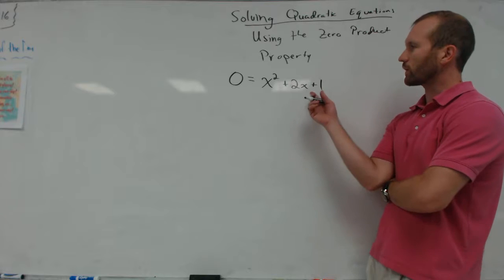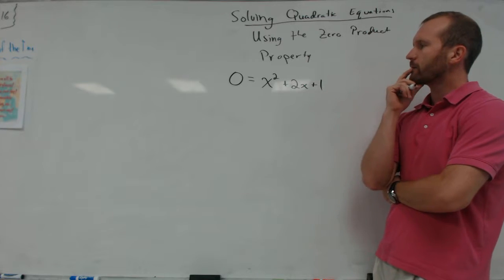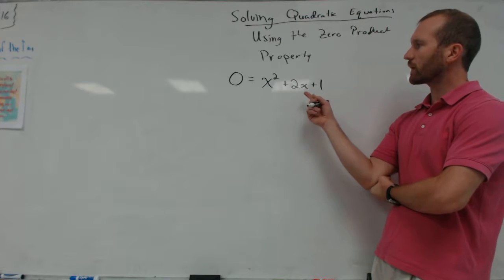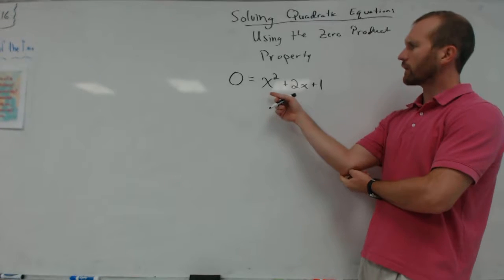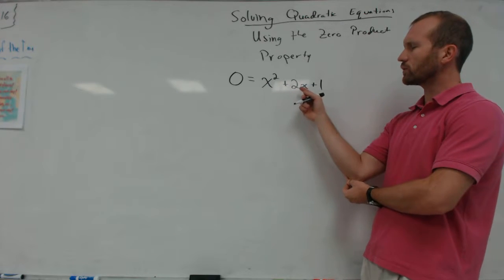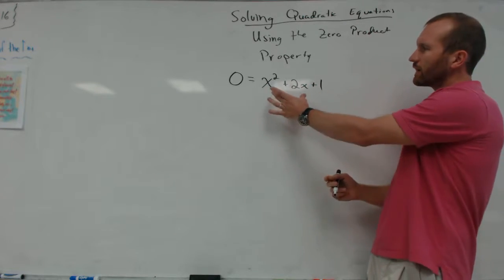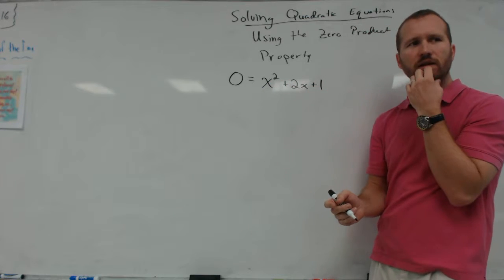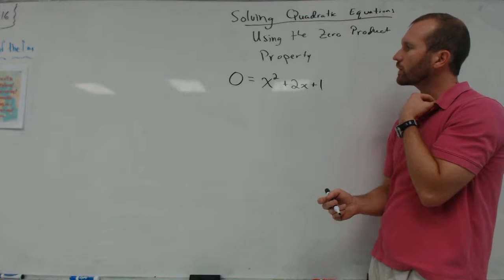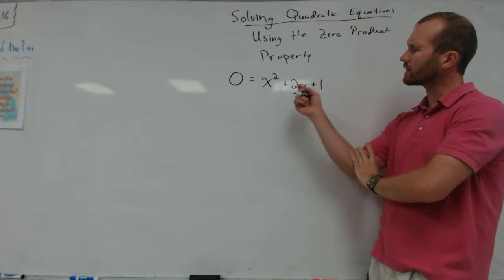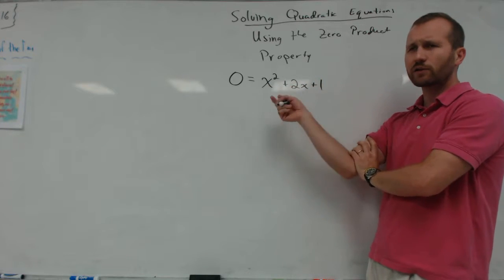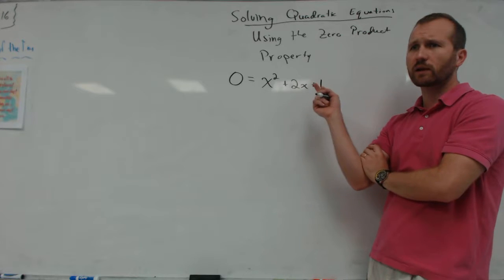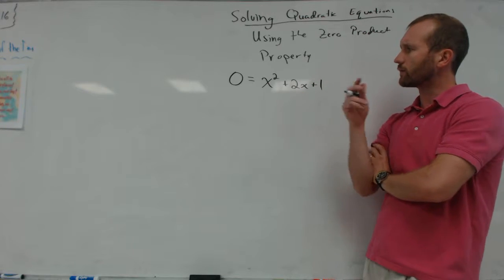That's not going to work here, because if I divide by 2, then I would have x squared over 2 plus x. And there's no way to combine the x squared and the x in an equation like this. Even though it equals 0, there's not really a way to easily just use addition and subtraction, multiplication and division to solve for x here.